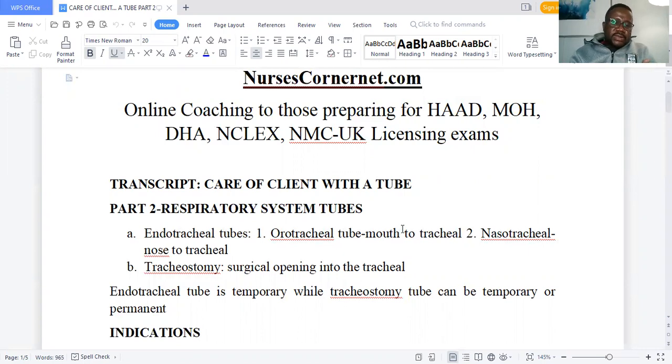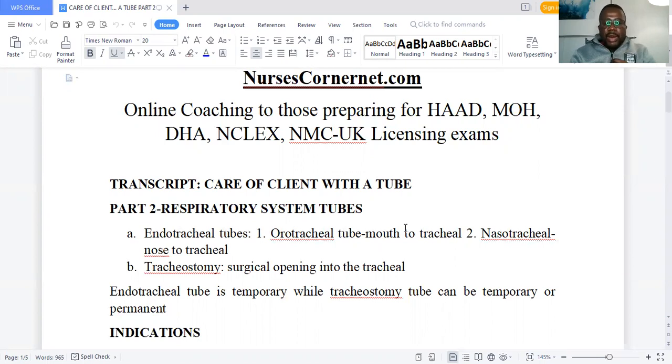Let's get started. So we're going to treat 2 tubes here, care of the client with 2 tubes. Either the client is with endotracheal tube or with tracheostomy tube. And the endotracheal tube, you can have 2 types, either orotracheal or nasotracheal.